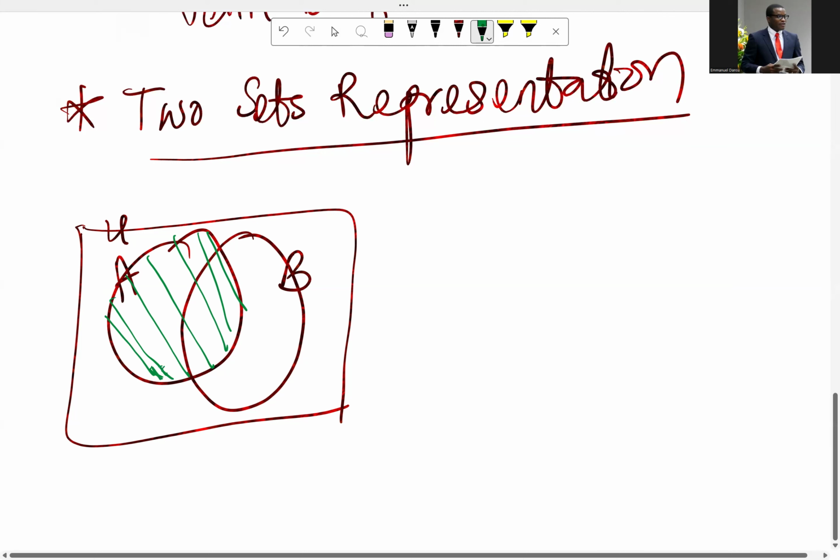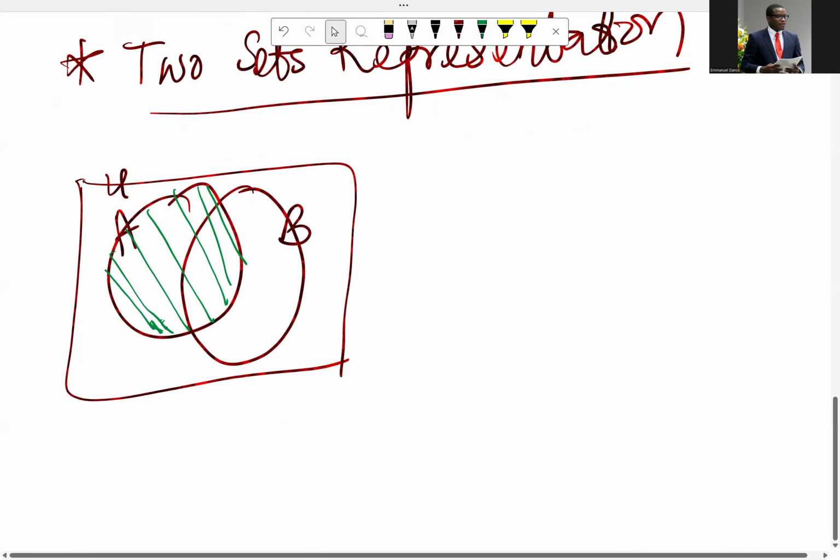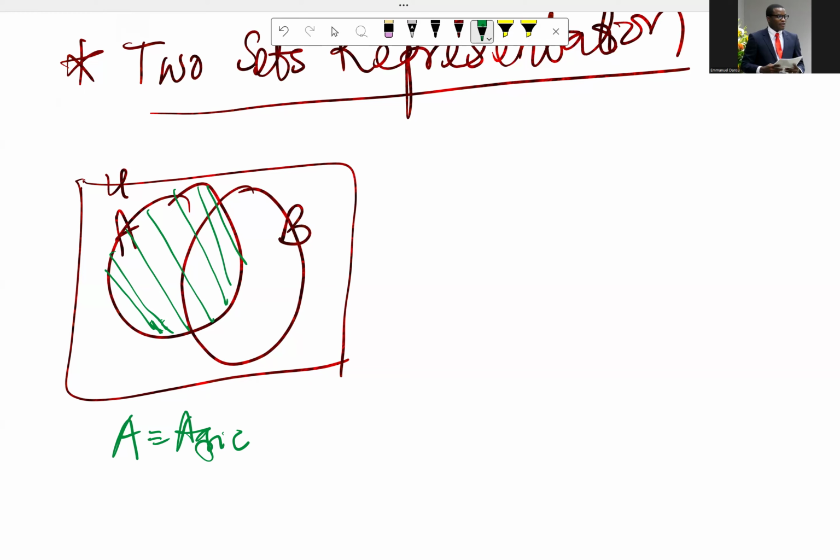Some students study only agric, some study only biology, some study both, and things like that. So for two set representation, that shaded region is simply A, that means agric. These are students who study agric. We don't care if they also study biology. That is just students who study agric.